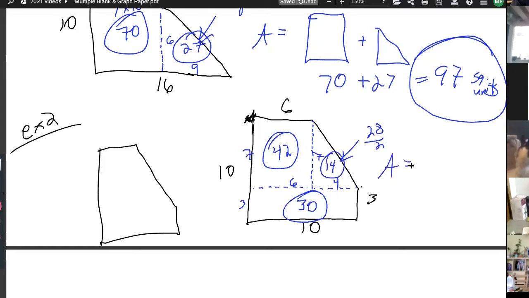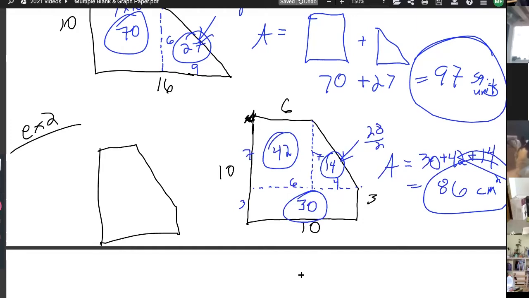So the area is going to be, add all those up, 30 plus 42 plus 14 equals 86. And let's say they're centimeters. All right, so far I'm not really feeling like this is too difficult. Are you? Does this feel okay?